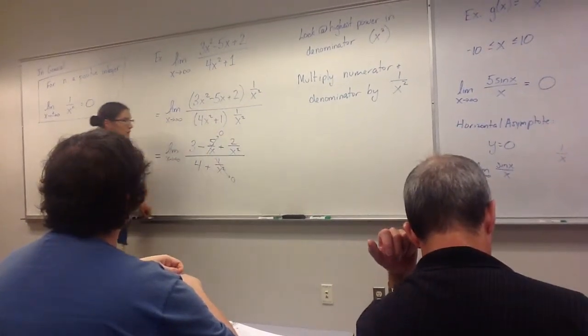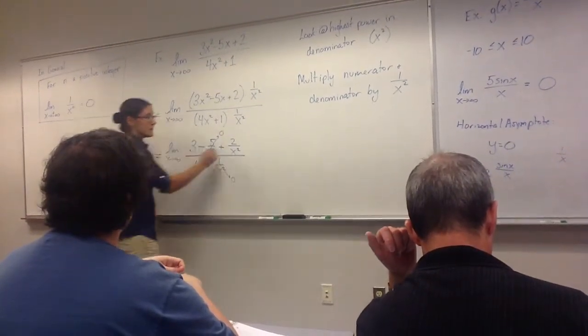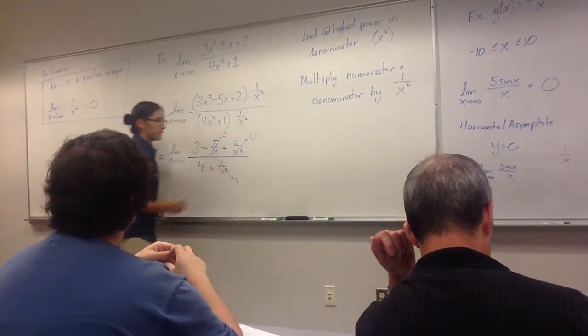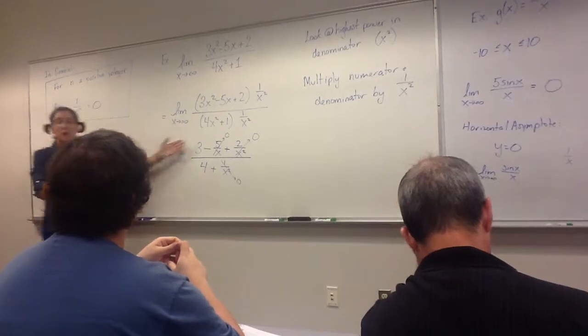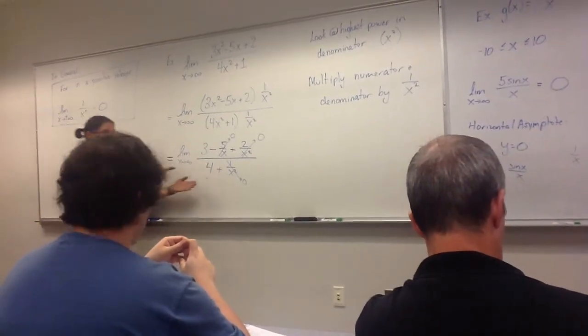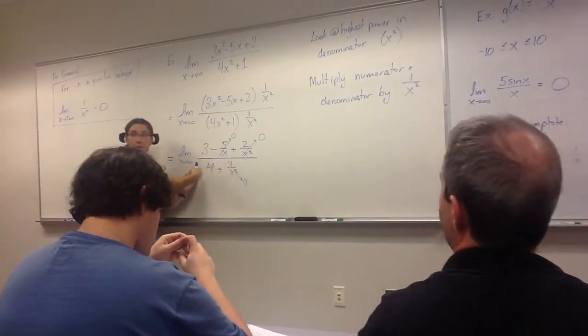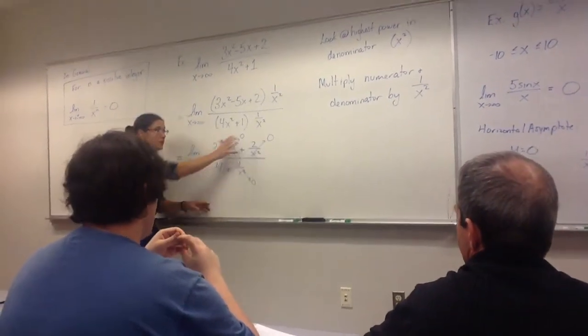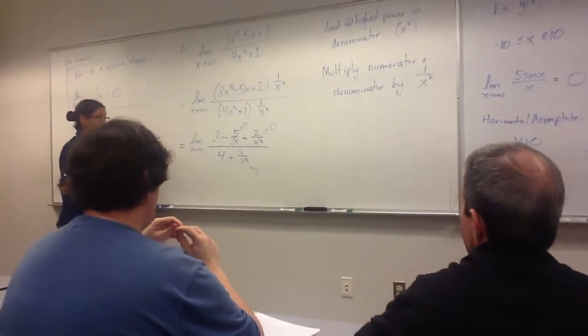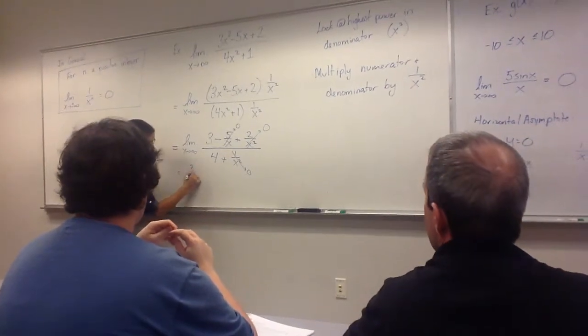That term goes to 0, as does 2 over x squared. And so when we take the limit of each term, which we are allowed to do as long as our limit's not equal to 0 for the entire denominator, which it is not because of that 4 right there, our final value here is 3/4.